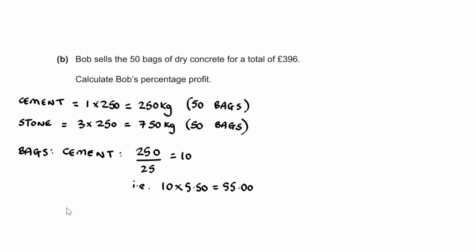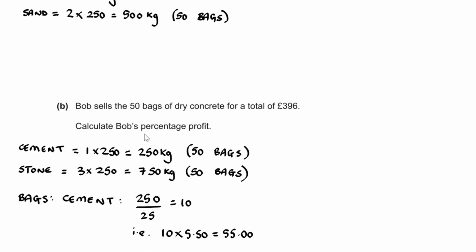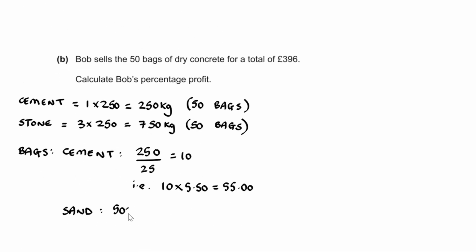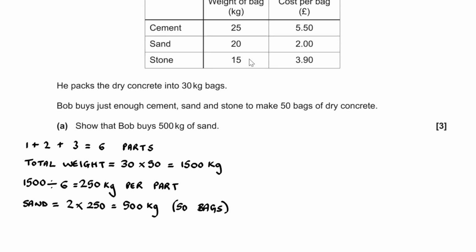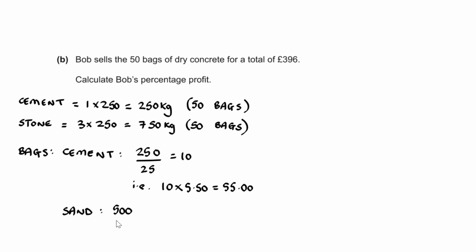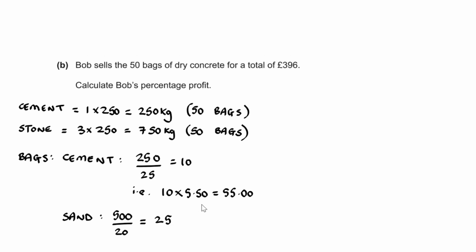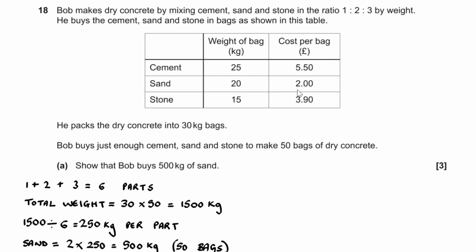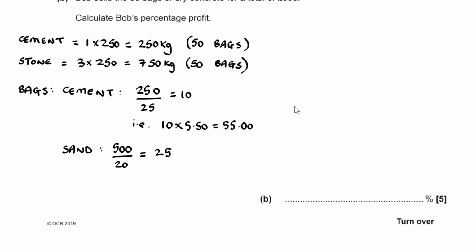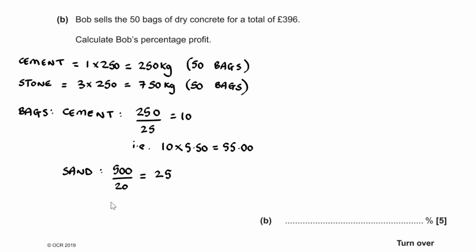For sand, well, we had here 500 kilograms, and then what we will do is divide this by the 20. So 500 divided by 20, that's equal to 25. So we know as well that it costs £2 per bag, so we would have 25 times by 2, which is 50.